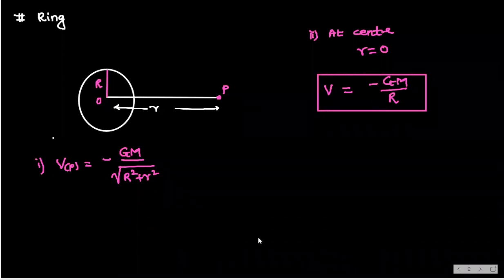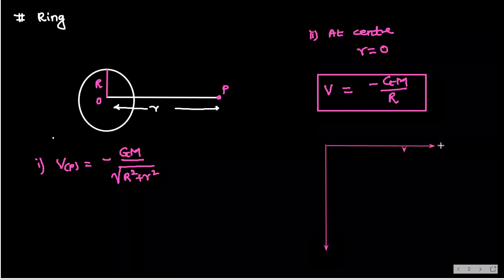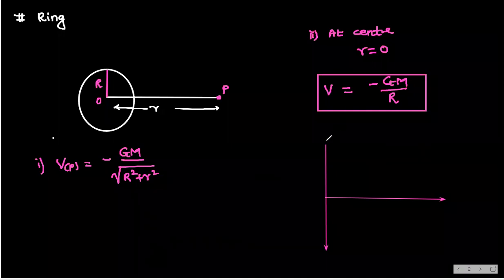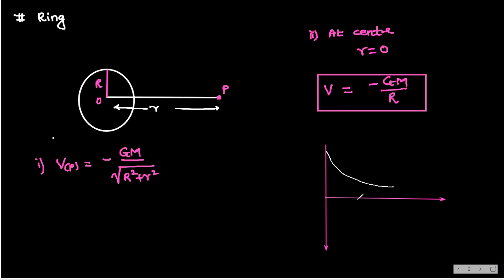If we plot the graph, how is it? See here. The graph for this ring is like this. This is R, this is O, and this value is how much?